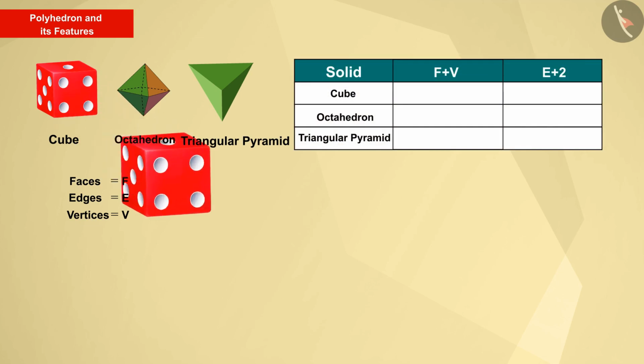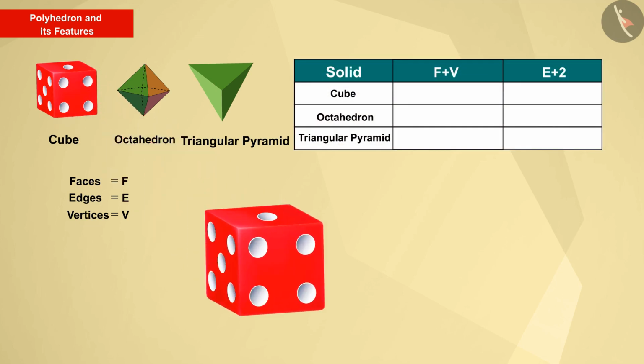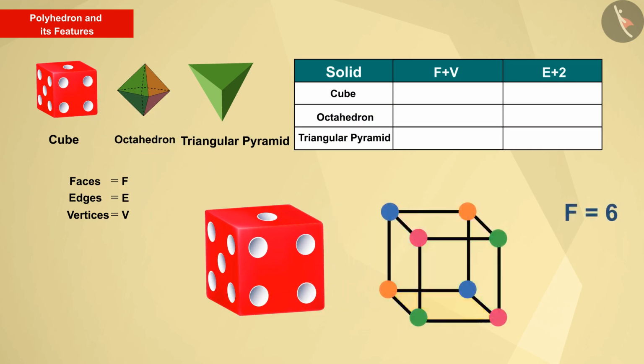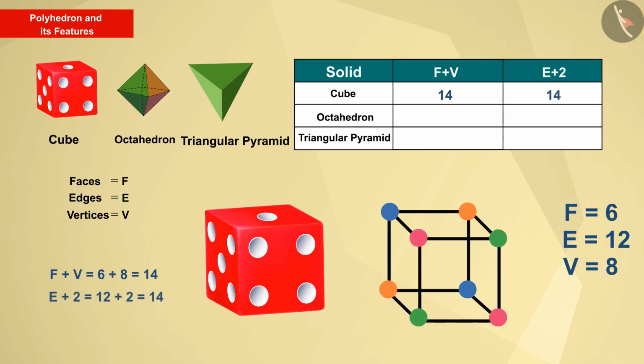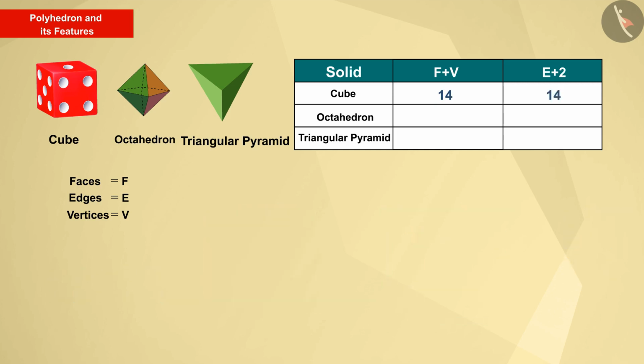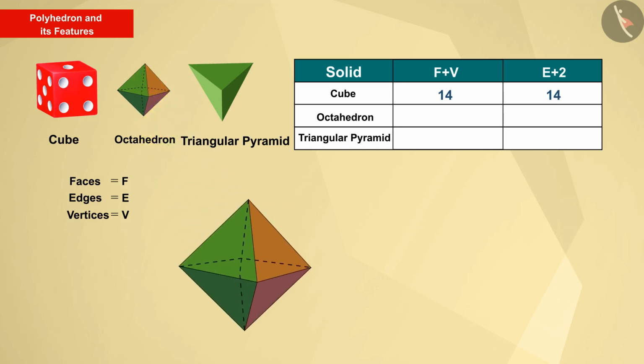We start with the cube. As we can see, the cube has 6 faces, 12 edges, and 8 vertices. The sum of F and V is 14, and the sum of the edges and 2 is also 14. Let us now look at the octahedron.